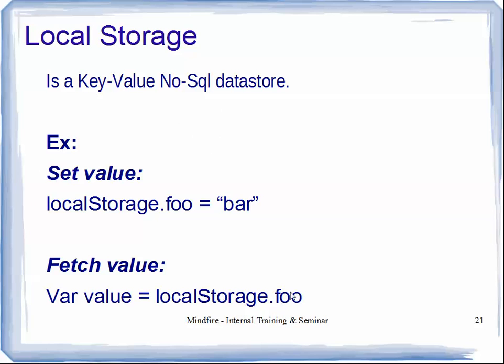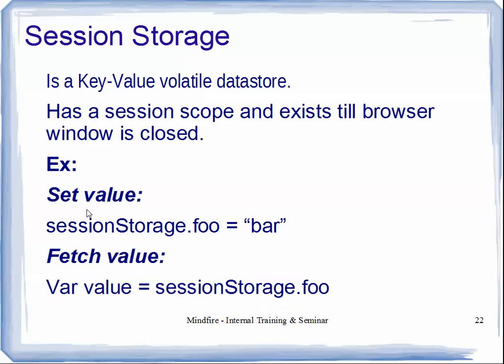It's the same for session storage; the only difference is that local is replaced with session: sessionStorage.key equal to the value, and you can fetch it the same way. This session scope exists until the browser window is closed. Whenever it is closed, the session storage will be lost.